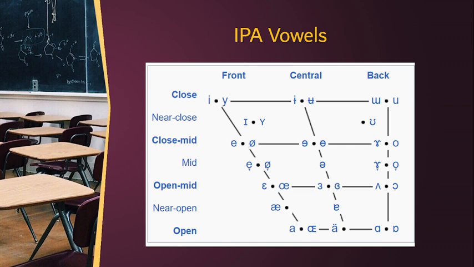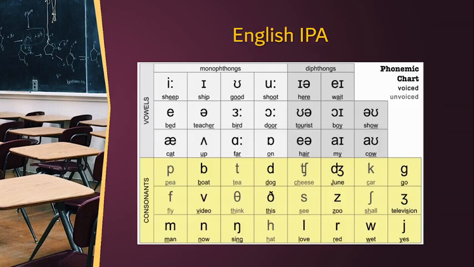And the IPA vowels. These are all the vowels that are used in all languages, but this is pretty much close to English. So just check which one you need and which of them are needed in case of use. Okay, so you've got to have these charts at hand. And third, the IPA English that is pre-compressed.